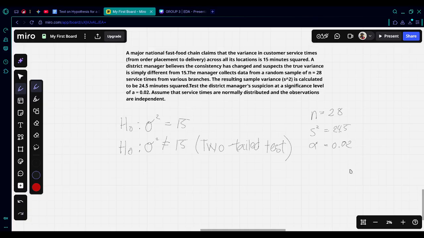So going back, I have listed here our given values from the problem.